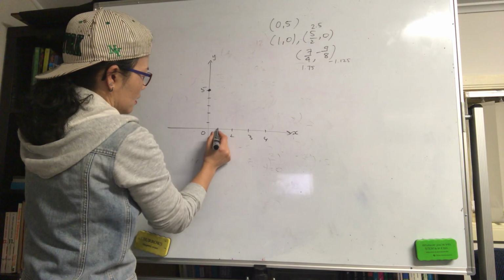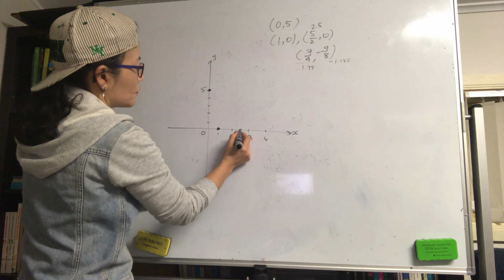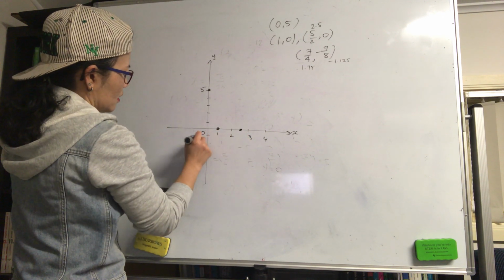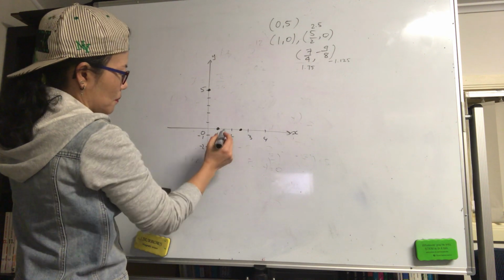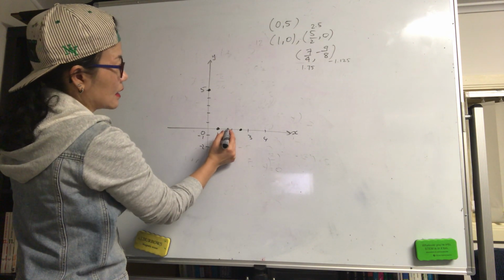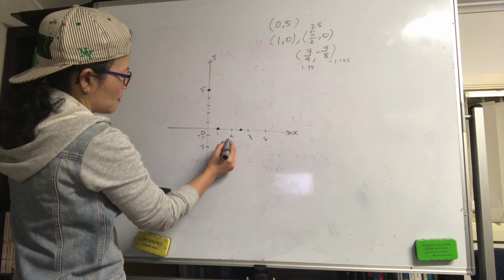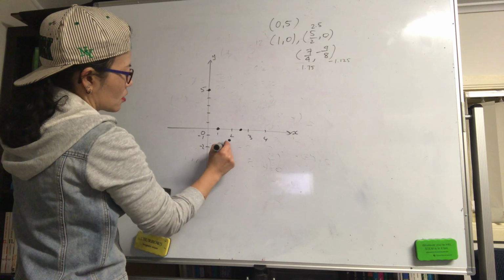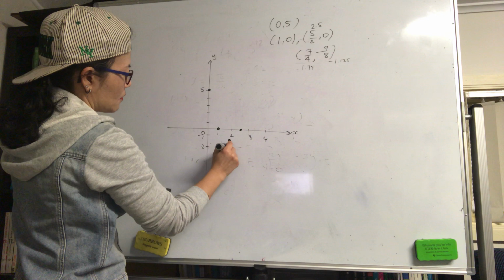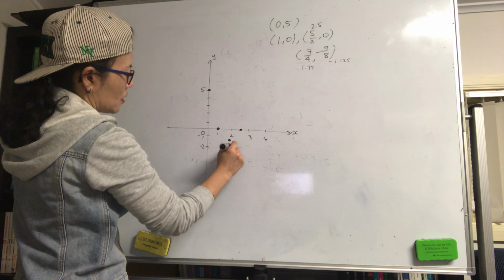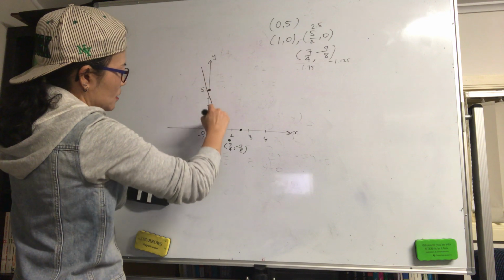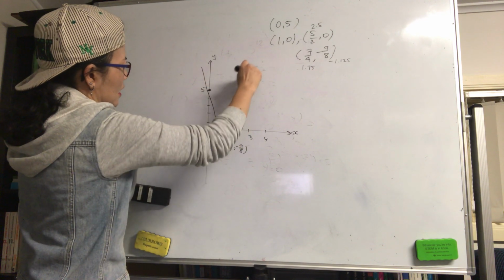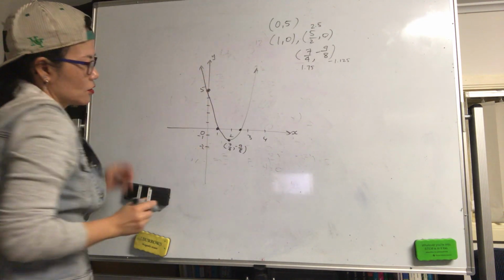So 1, 2.5, and then it's minus 1, minus 2. So it goes from 1.75 somewhere here to minus 1.1 somewhere down here. So I'm going to put my 7 over 4, minus 9 over 8. So wish me luck. It's pretty rough, but you know what I mean.